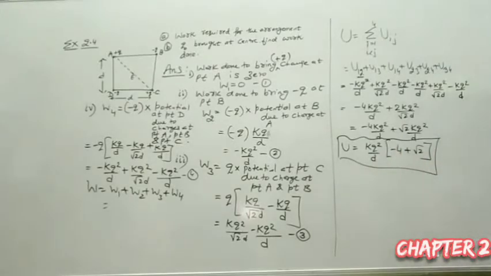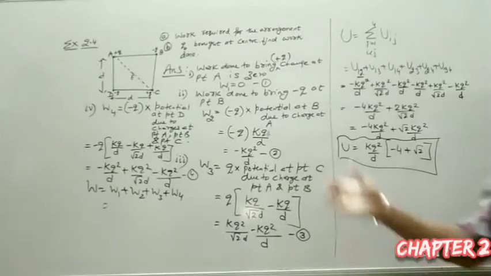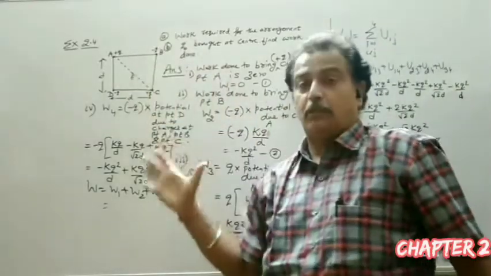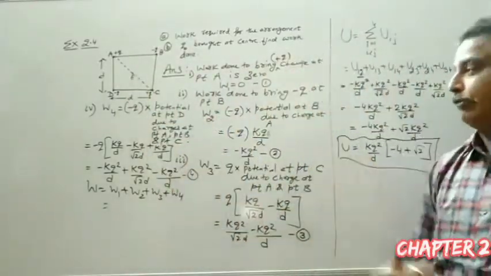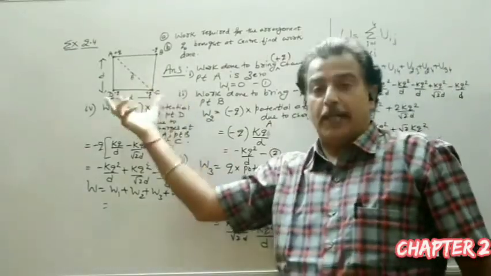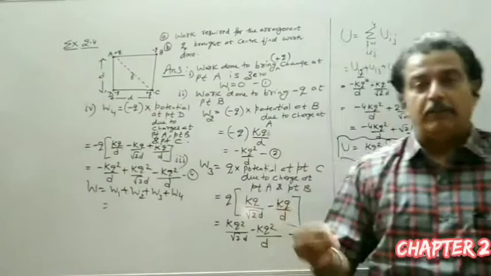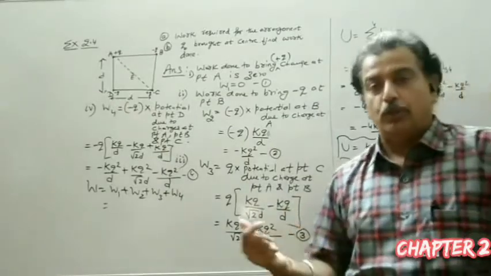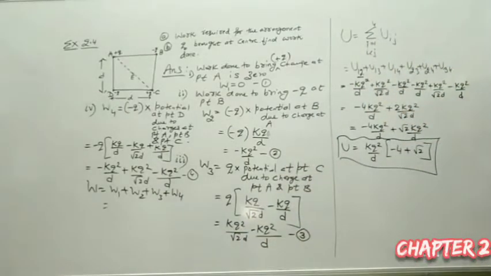So this is how the work is done to make up such a configuration. The example taken was a square. We can have a rectangle also, a cube also. Any system can be given to you.